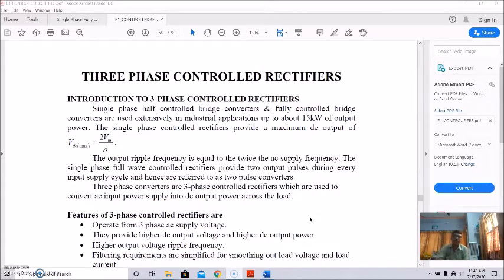Before going into this detailed discussion, we must have a quick introduction to these 3-phase control rectifiers. Basically, single-phase half-control bridge converters and full-control bridge converters are used extensively in industrial applications up to about 15 kilowatt of output power.